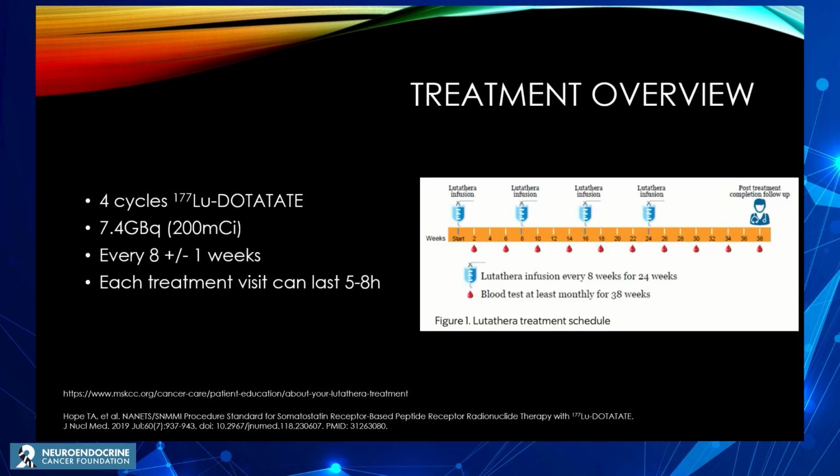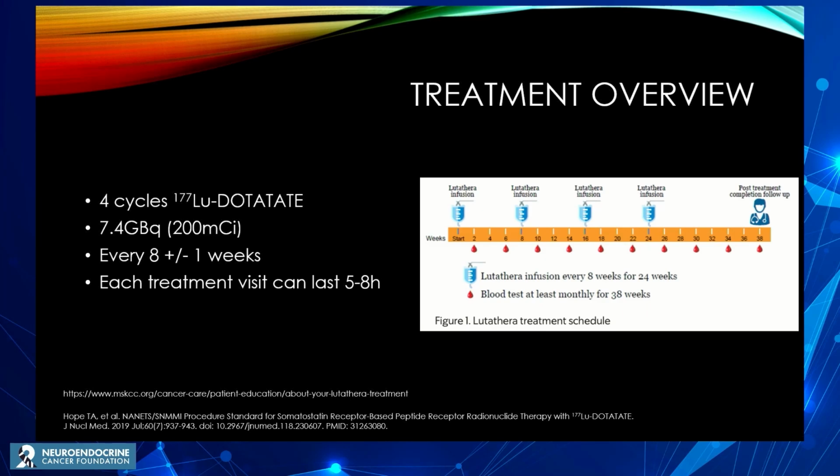In the treatment overview, the patient will receive 4 cycles of 177 lutetium dotatate, and the activity he will receive is 7.4 gigabecquerels, or 200 millicuries, every 8 weeks.